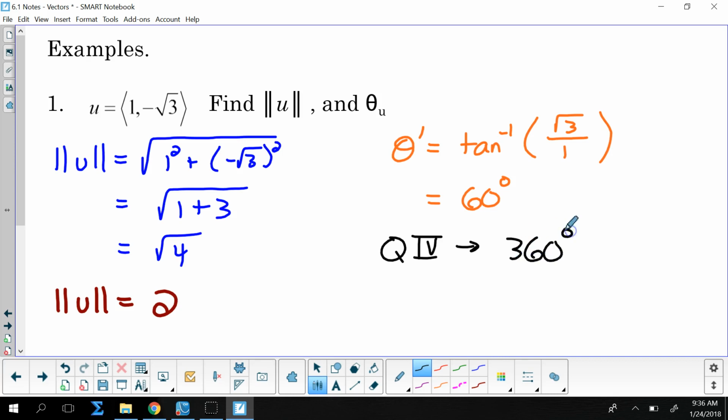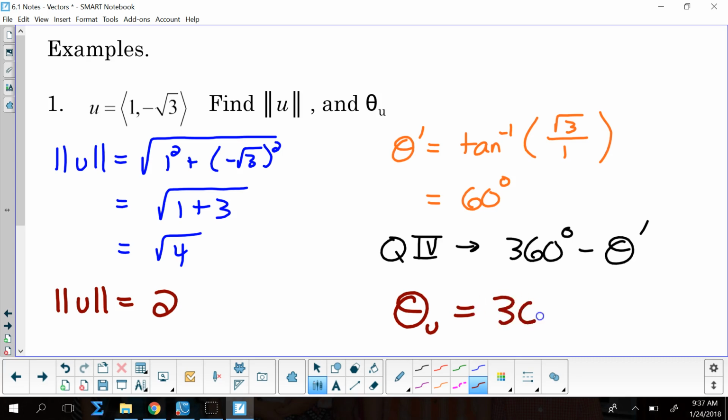So that's going to be 360 degrees minus my reference angle, which gives me my actual theta, or my direction of vector u, which is going to be 300 degrees. Questions on that one?